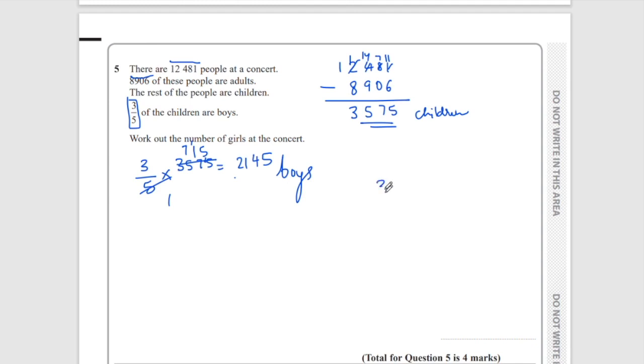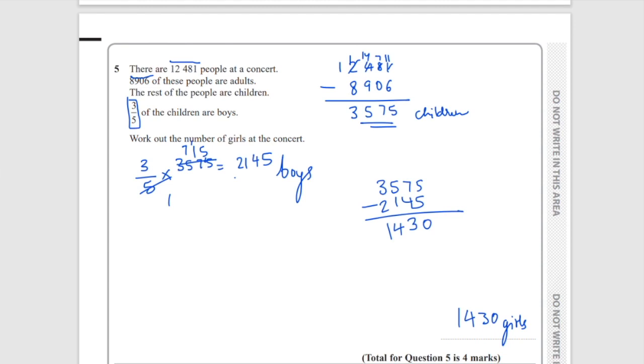So out of 3,575, 2,145 boys. So the remaining are girls. 5 minus 5 is 0, 7 minus 4 is 3, 5 minus 1 is 4, 3 minus 2 is 1. 1,430 girls were there in the concert.